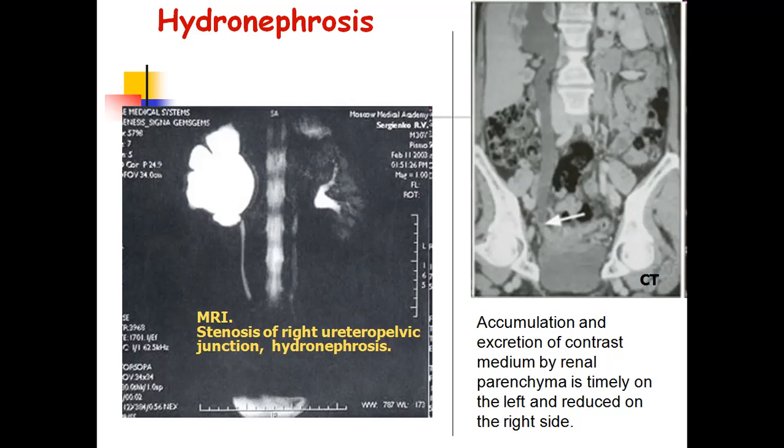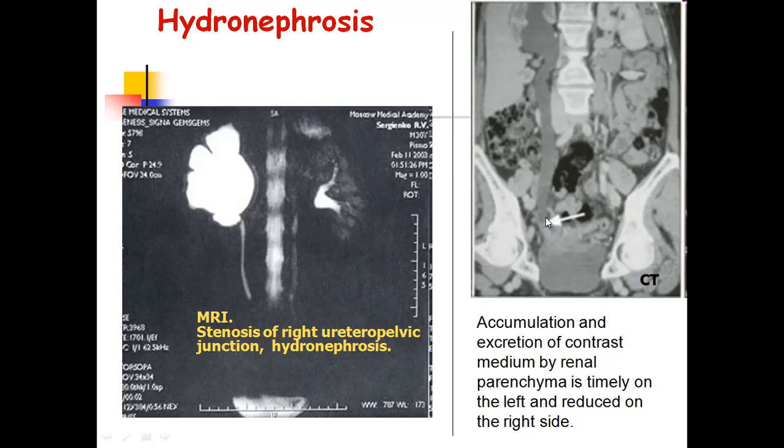Here accumulation and excretion of contrast medium by renal parenchyma is timely on the left, and the kidney and ureter are completely free from urine and from contrast media, and this excretion on the affected side on the right is reduced.